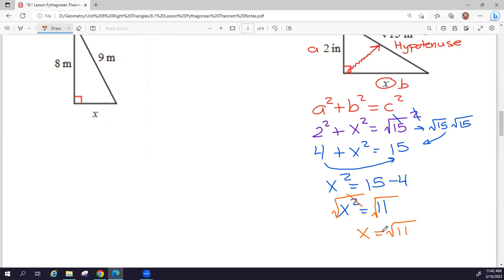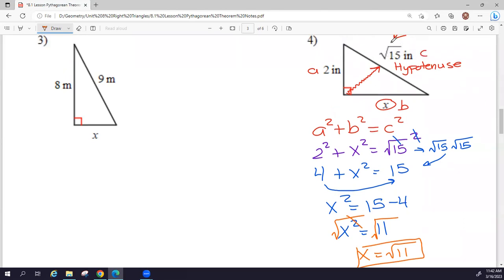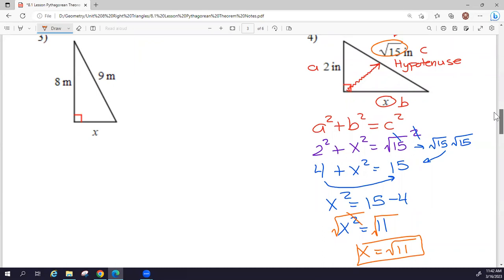So we find our side length to be the square root of 11. Again, if these square roots as answers are uncomfortable, that's okay. We just got to get comfortable with being uncomfortable. It looks a little different, but this is a number just the same as the number 3 or 4, and it's okay, especially since we started with one that looked like that.